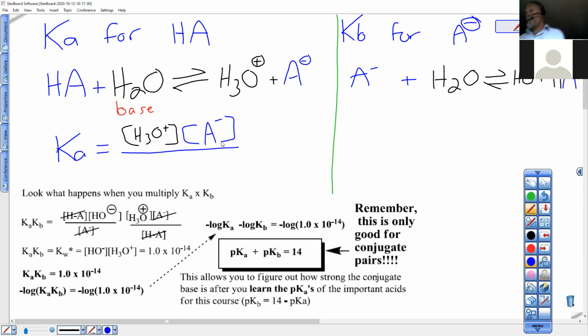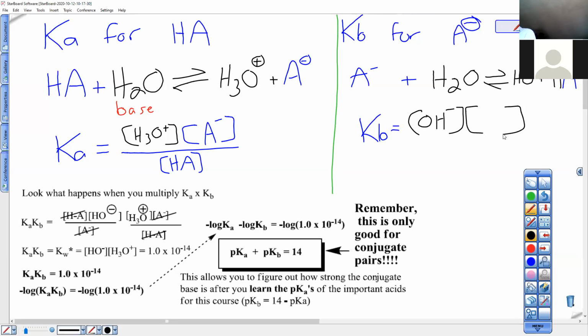Two products there, only one reactant, because water is also the solvent and its concentration will not change. Kb over here is hydroxide times HA, all over A minus.